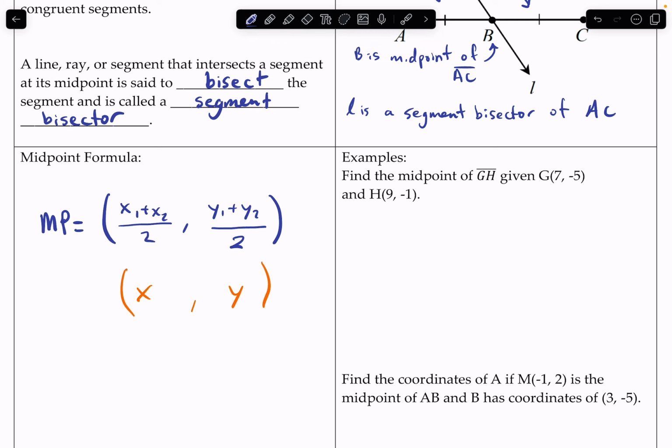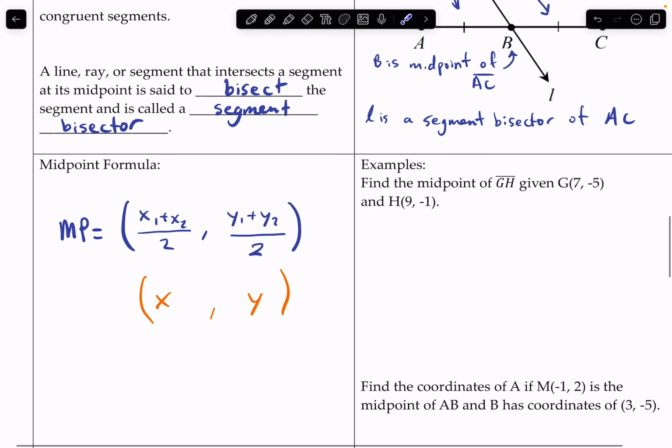Finding a midpoint, we do have a formula for that. Imagine this is an XY point. If you're on a coordinate plane and you want to find the X value of your midpoint, you're going to find basically the average of your two X values. If you have two values and you add them together and then divide by 2, you're going to find the average of those two. And that would make sense, right?